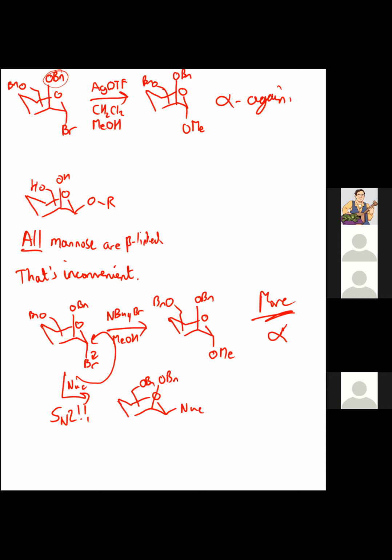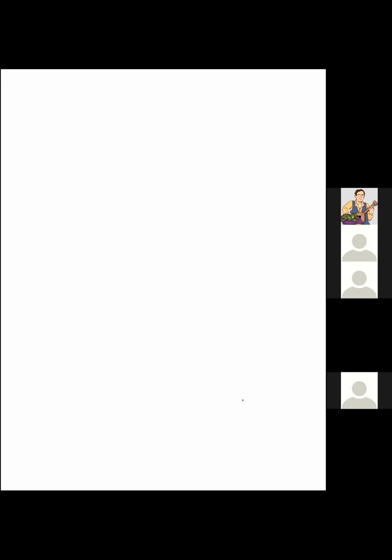But we need to figure out how to do this. So the way that's worked is we know that silver triflate rips off that bromine. So what if we use a weaker form of silver? And that's what is done actually with this.